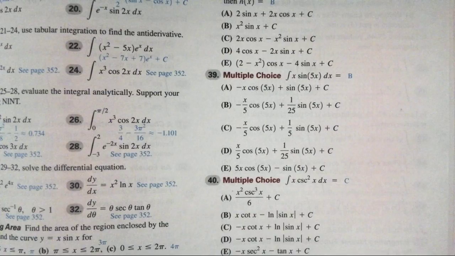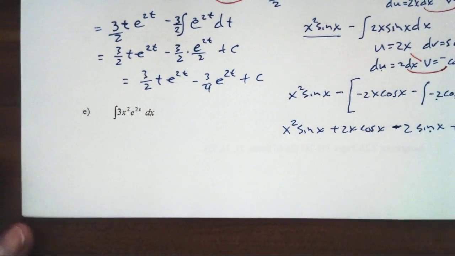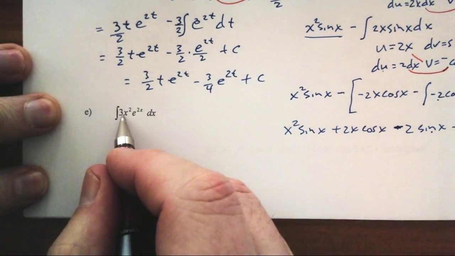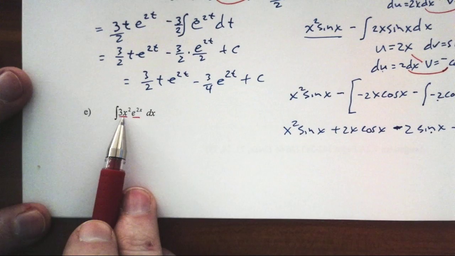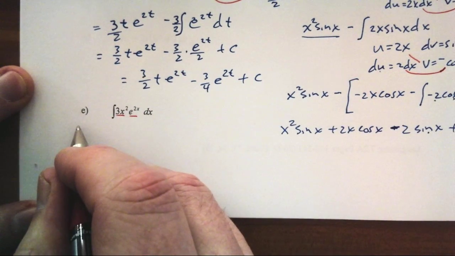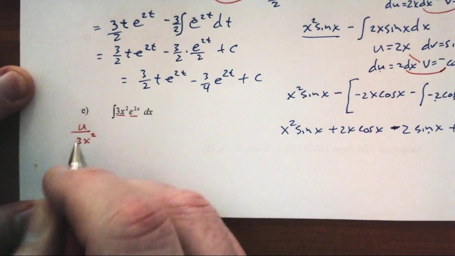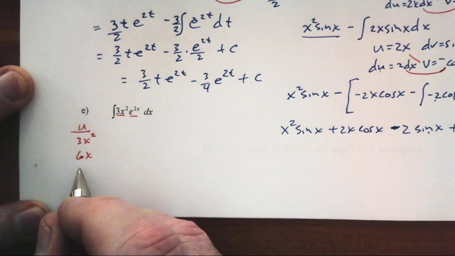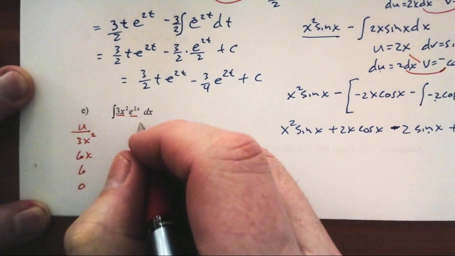Okay, so with that, let's try this problem. A function of x, a function of x. Can I take this derivative down to 0? Yes. So basically my u is being chosen to be 3x squared, and the first derivative of that is 6x, the second derivative of that is 6, and the third derivative of that is 0.